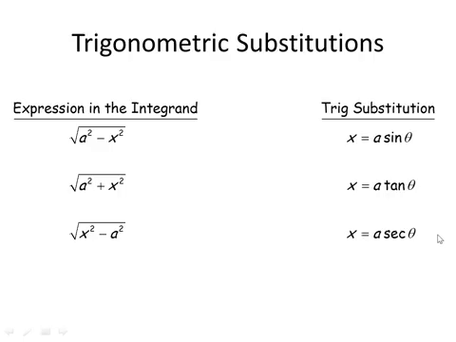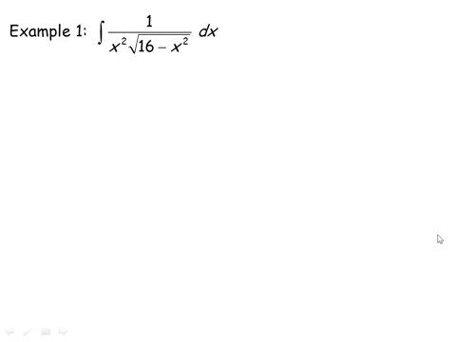All right, so let's try one. Let's look at this one right here. You have the integral of 1 over x squared times the square root of 16 minus x squared. Well, I told you to get your chapter 8 page out.